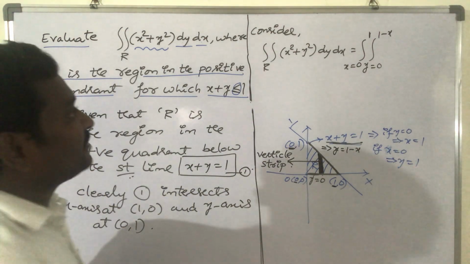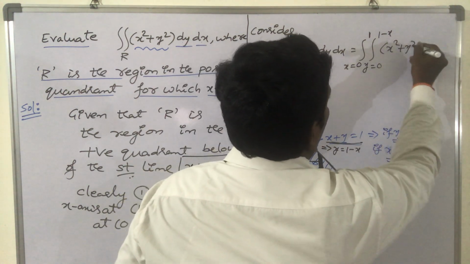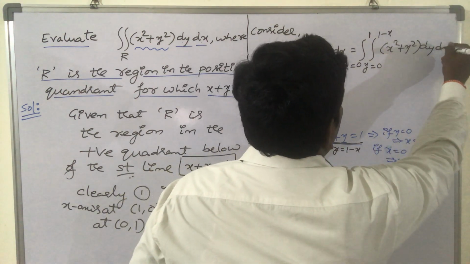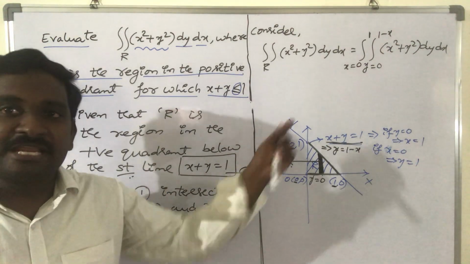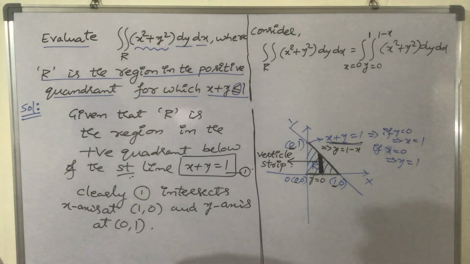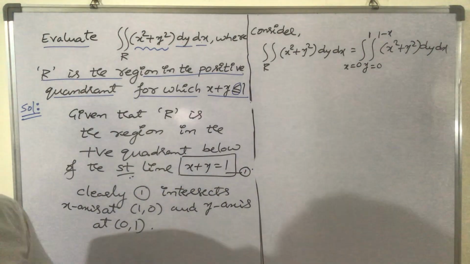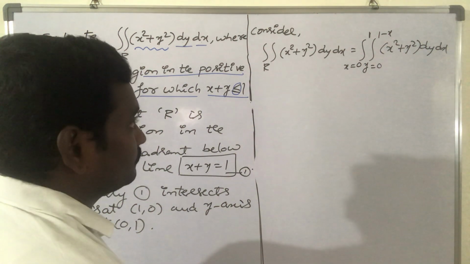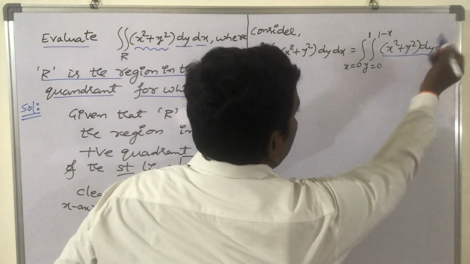Now write the given function, which is x square plus y square dy dx. So it is enough to calculate the integration value. First, take the integration of the function with respect to y.